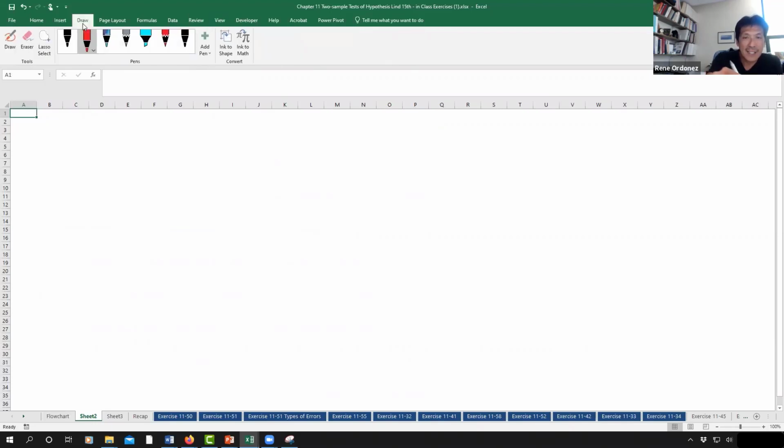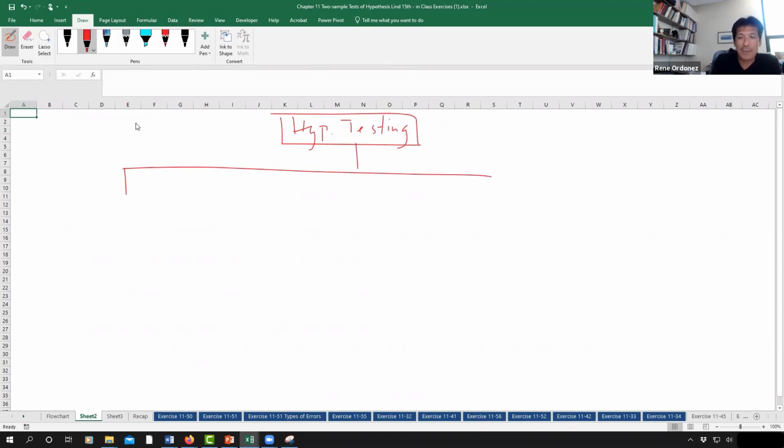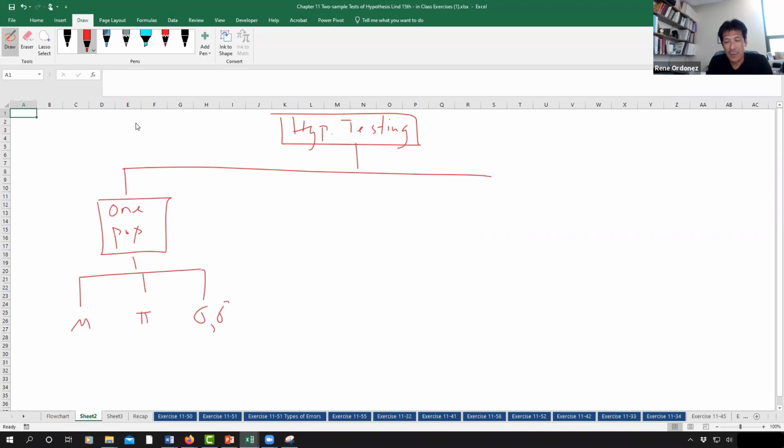Hypothesis testing is what we've covered so far. Going back to chapter 10, we dealt with one population, right? And in that chapter, we tested a population mean and a population proportion. Population standard deviation, or sigma, we haven't covered, because that will be in a later chapter.